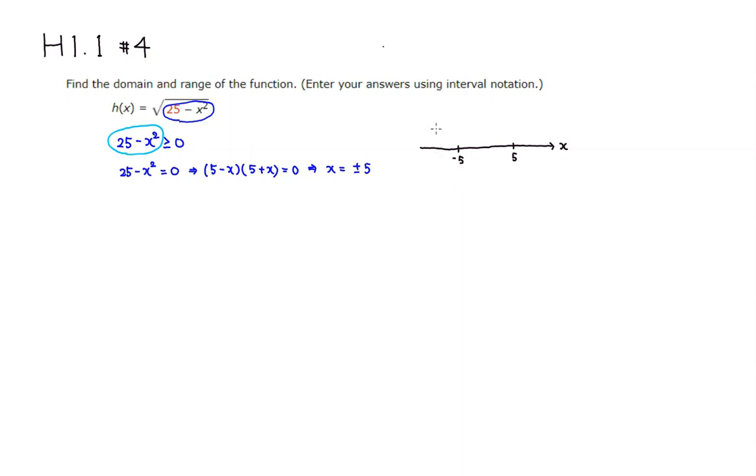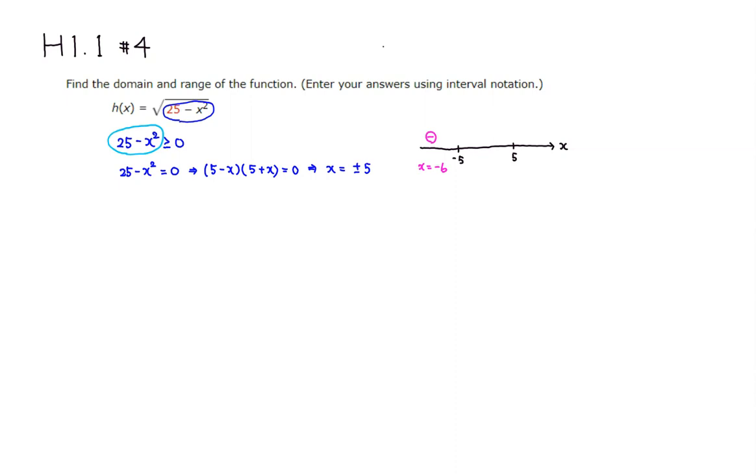Anything less than negative 5, so I'll try negative 6. If you plug in negative 6 for x, 25 minus negative 6 squared, which is minus 36, is going to be negative. But we want the non-negative.